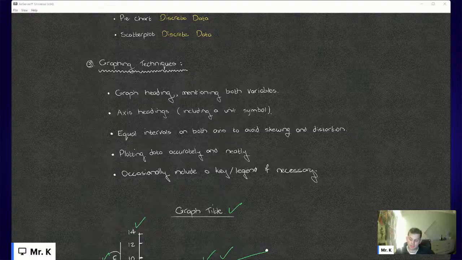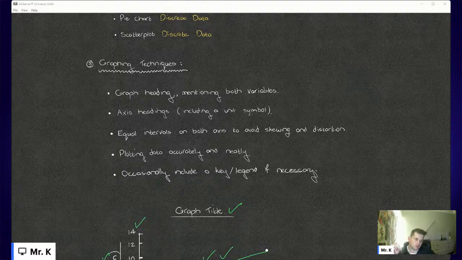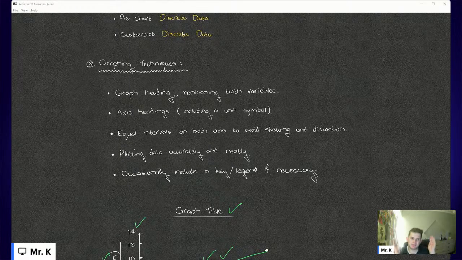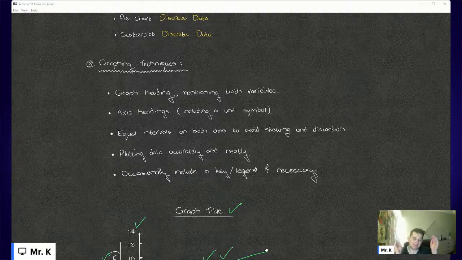Remember, all of this has got to do with data representation. So when we start looking at data in tests and exams, we have to be able to identify the kind of data that we are dealing with so that we can then select the correct style to show it in. But then we must also be comfortable and competent when it comes to drawing each of those different styles, whether it's a line style, a bar style, all of these different kinds of graphs.